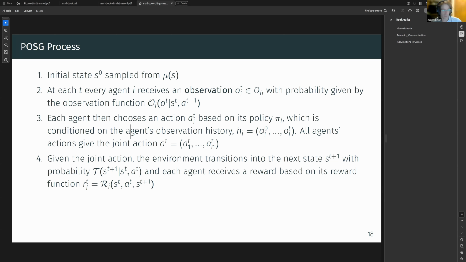Of course, we can turn this into the previous example by just making the observation function produce the whole state action history. And then the agents' joint action is put together, and the joint action is what determines the actual reward. So even though the agents themselves might not be able to see all of the other agents' actions, it's important for the environment to have access to all this information, because we can't calculate what the reward is unless we know the entire joint action and exactly what the state is.